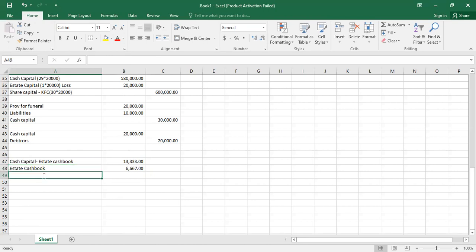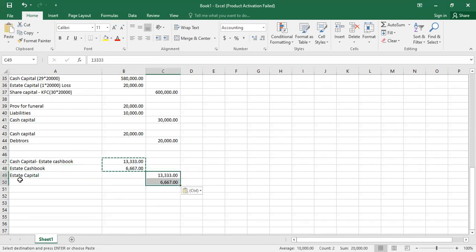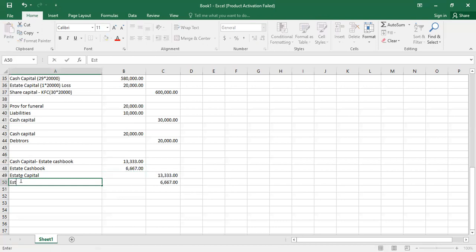So estate capital. And copy paste the two. And this will go to the estate income. That's why we've been told to prepare those books. If you see what we've been asked to prepare.